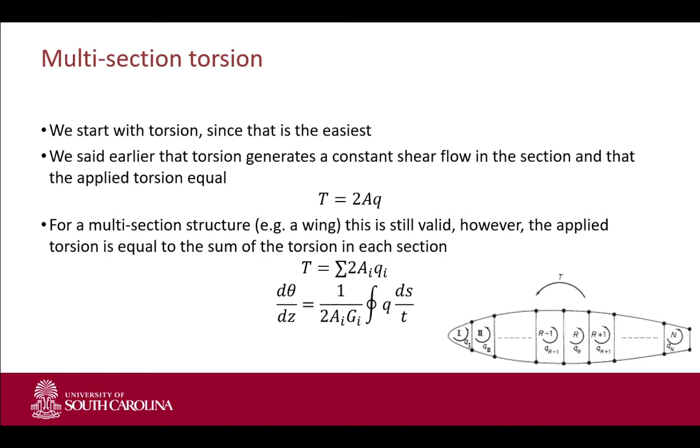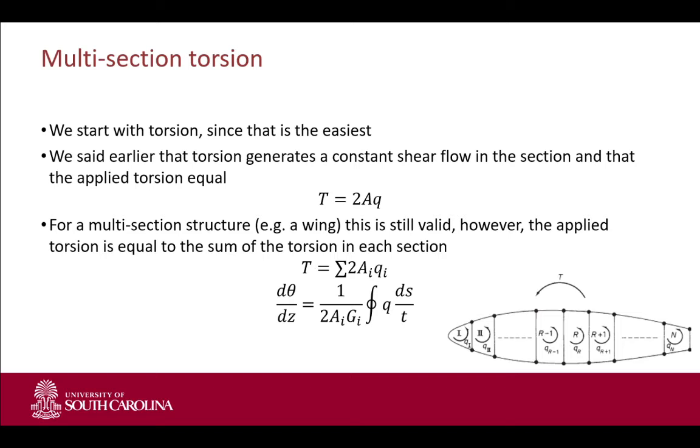So in this case, if we have 3 sections, for example, cell 1, 2, and 3, and we calculate the torques T1 plus T2 plus T3, we sum that up to the applied torque.